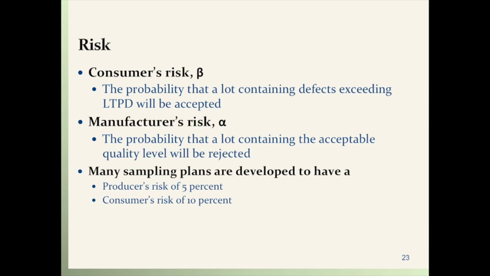A lot of times this lot acceptance criteria is negotiated as part of the contract. So you decide up front how you are going to sample this lot, and you decide how much risk is going to go on the producer and how much risk is on the customer.